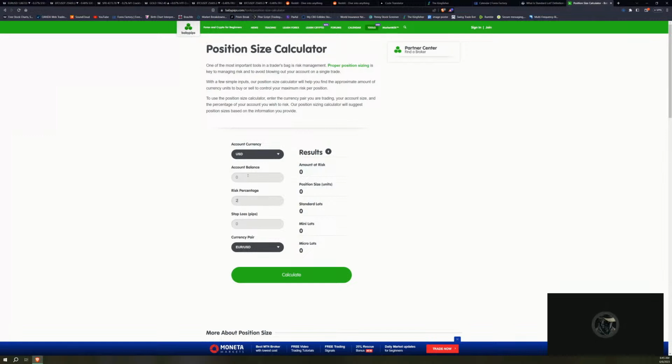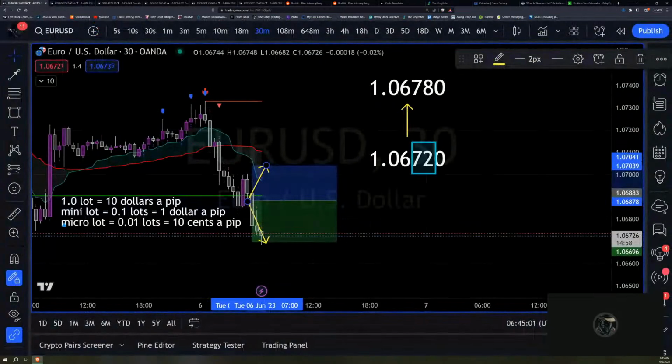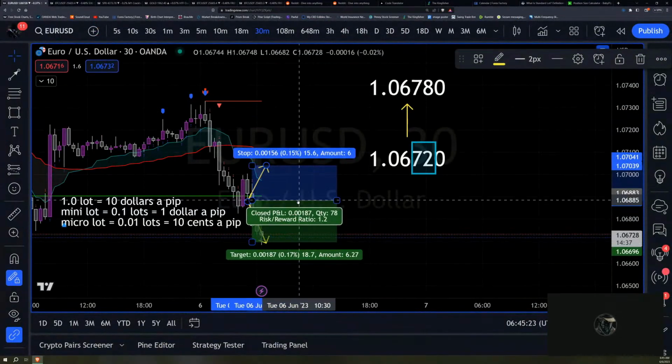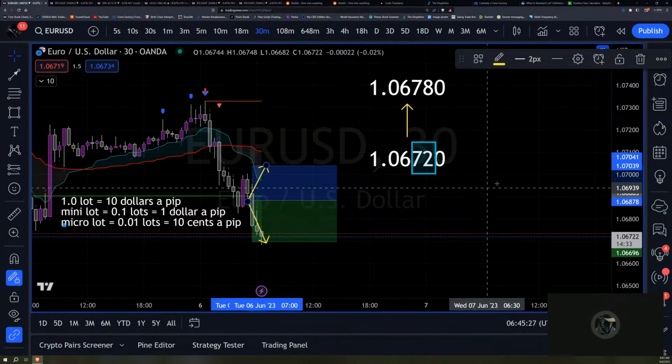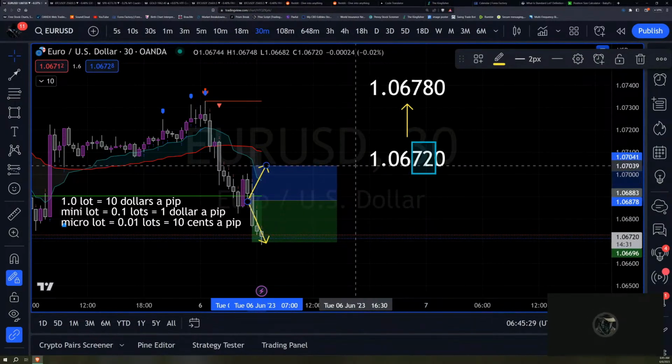My account balance we'll say is 100,000, just to keep the example relevant. And then a stop loss we'll say was 7 pips, right? Actually, we'll go to the example and show what it is. We go from 1.06883 to 1.07039.